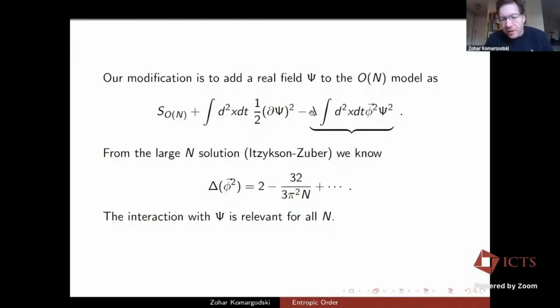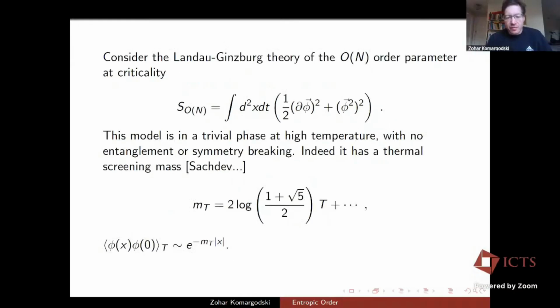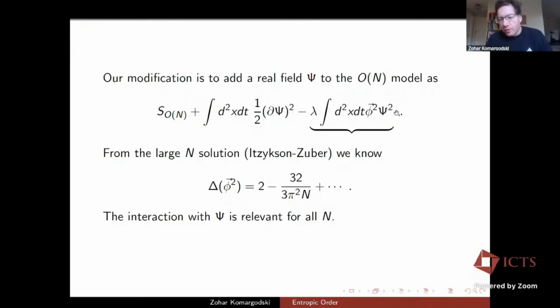But what it says is that because of this minus sign, if psi obtains a vev, it gives phi squared a negative mass squared, you see? And this makes the thermal mass squared of phi a little bit smaller than what Subhro computed. Subhro computed that the thermal mass squared of phi is this squared, but in this model, because of the ferromagnetic order, it's a little bit smaller.